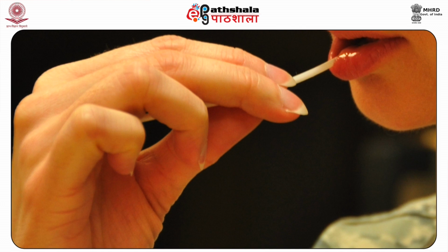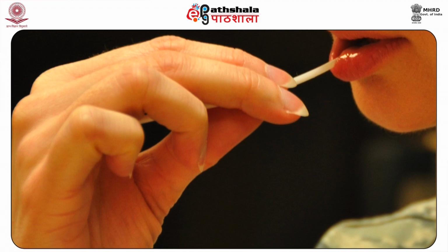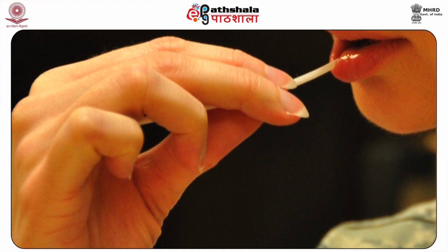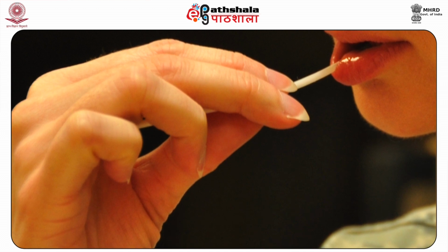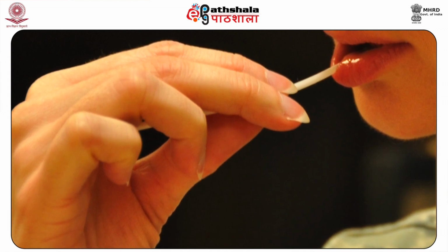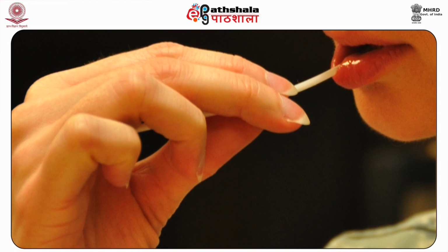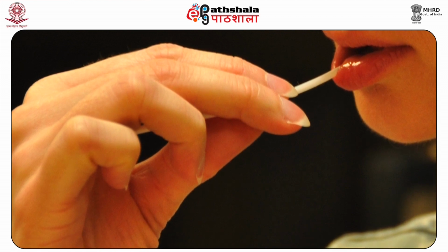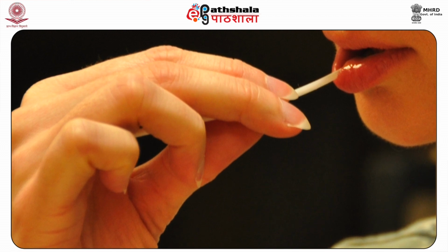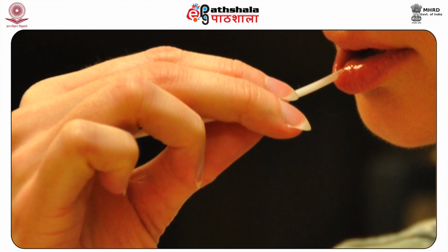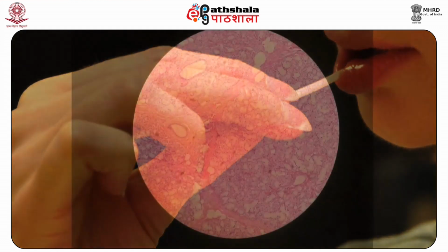An advanced monoclonal antibody based test kit is used to identify human specific salivary amylase. With the RSID method, if a stain gives a positive reaction, then it is confirmed that human saliva is present.